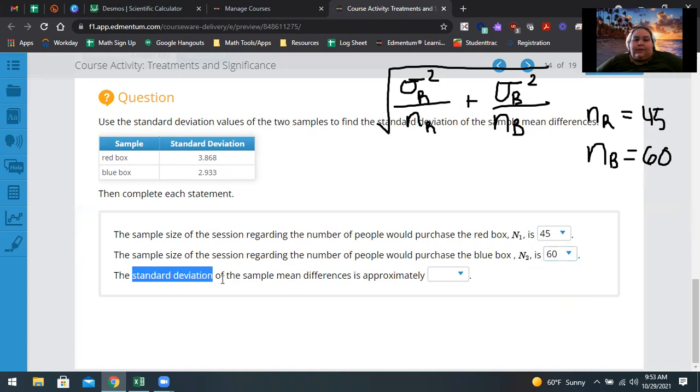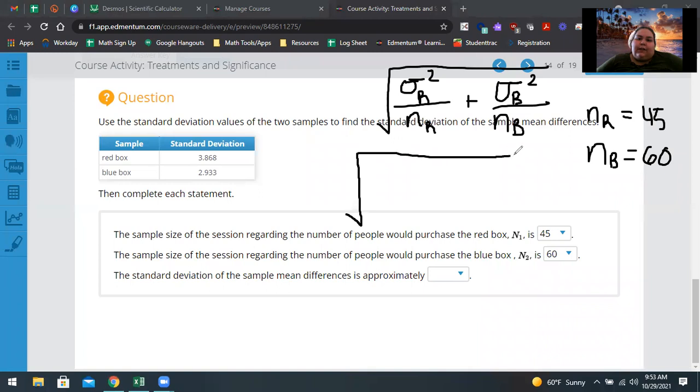Now, to find the standard deviation of the sample mean difference approximately, we're going to use this equation. So we're going to set it up here first on the screen, and then we're going to go over to the scientific calculator, and I'm going to show you how to set that one up. So here, it's the standard deviation of the red box squared. So here's my standard deviation, 3.868.